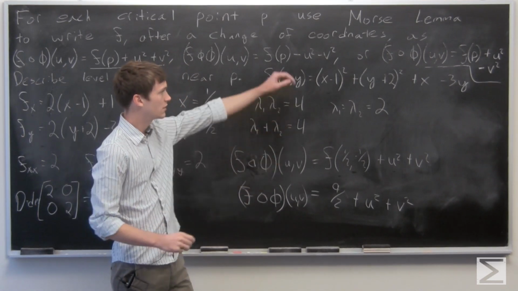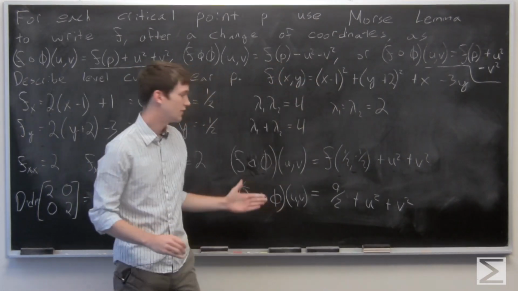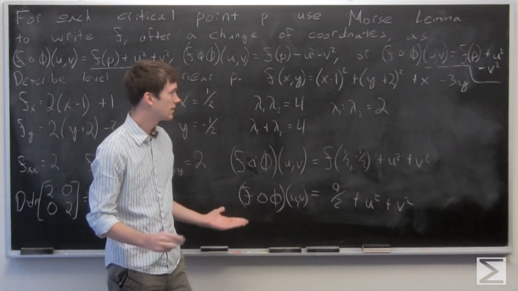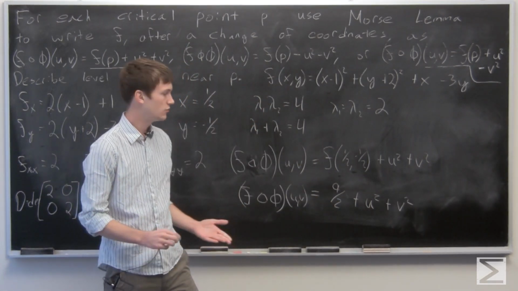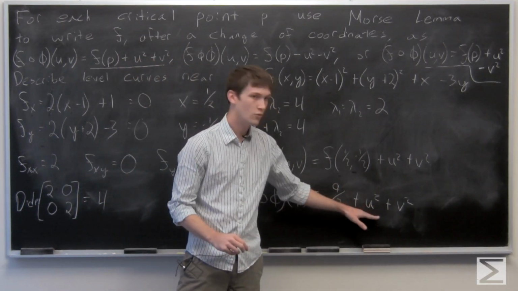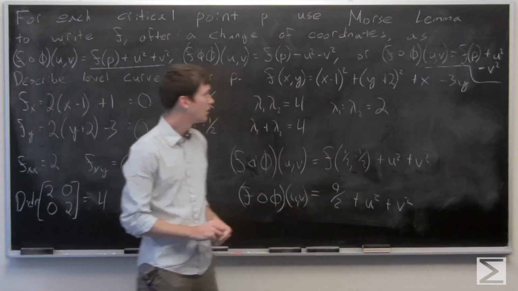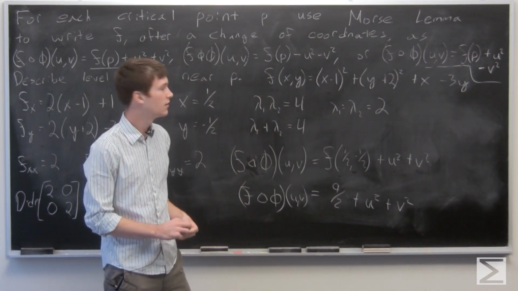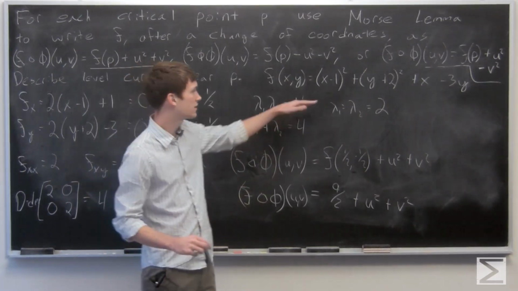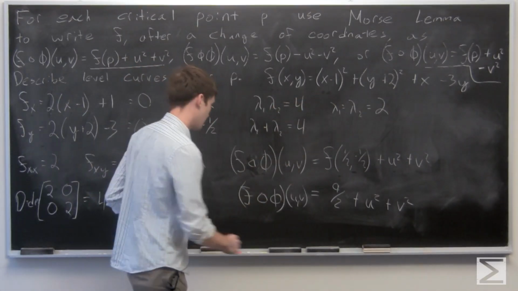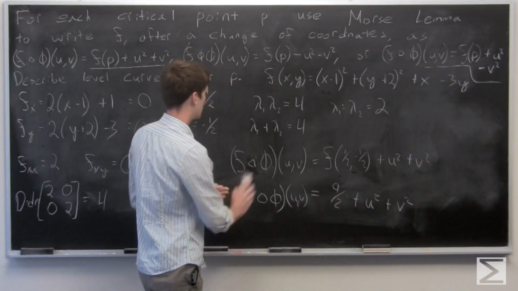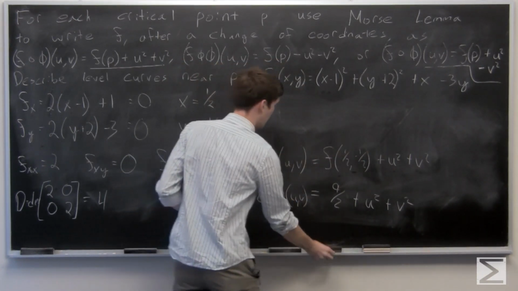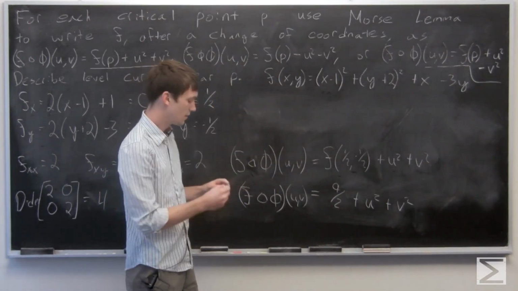So it's important to note that Morse lemma just tells us of the existence of this change of coordinates. It's not necessarily going to be easy to calculate what that change of coordinates will be, but just for the sake of it, I'm going to go ahead and calculate that in this case. We start off by expanding out our f of x, y.